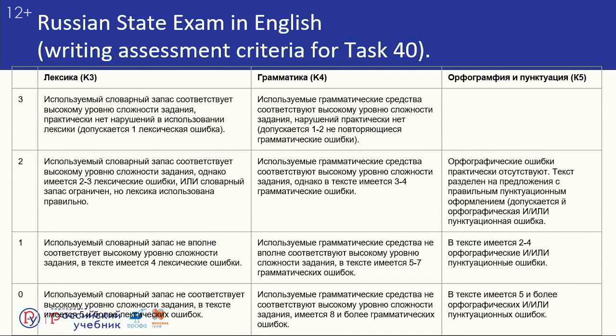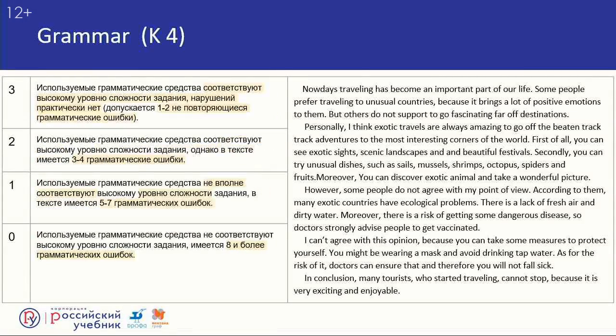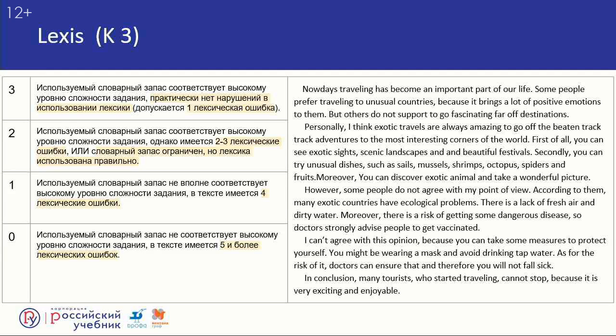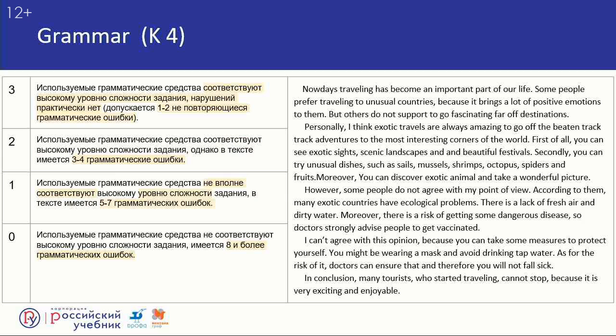Now we'll have a look at the last 2-3 assessment criteria. Here are lexis, grammar, and spelling and punctuation. We'll have a cursory look at those and at our essay, and let's think of what might be said in terms of the lexis and grammar.